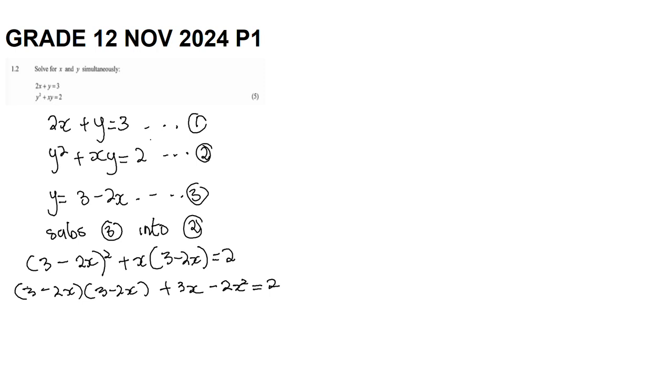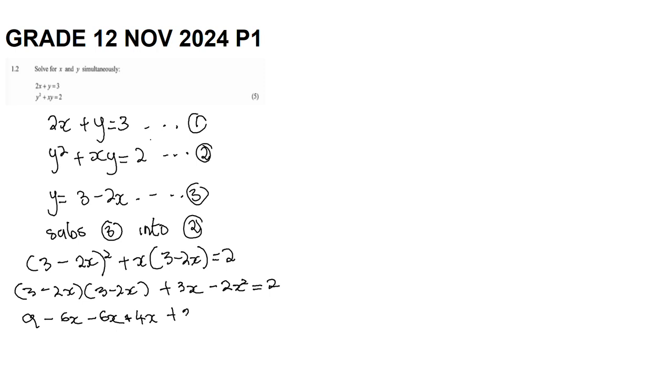That was very simple. Now here we're going to have 3 times 3, which is 9. Then we have 3 times negative 2x, which is negative 6x. Then negative 2x times 3, which is negative 6x. Then negative 2x times negative 2x, which is positive 4x squared, since negative times negative gives us positive.